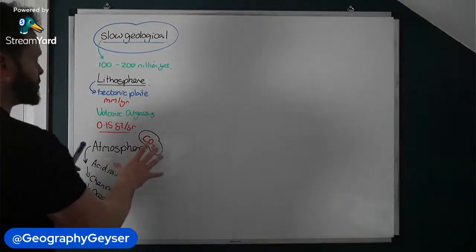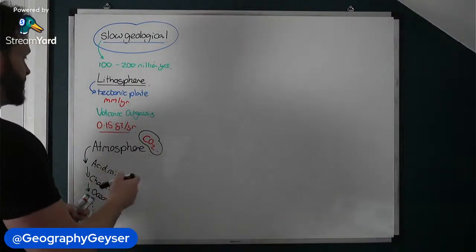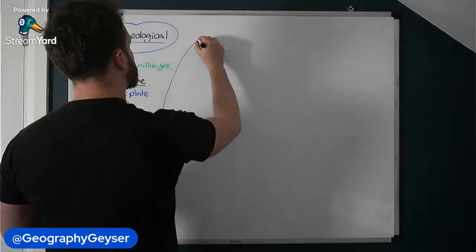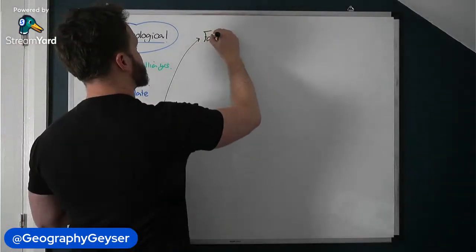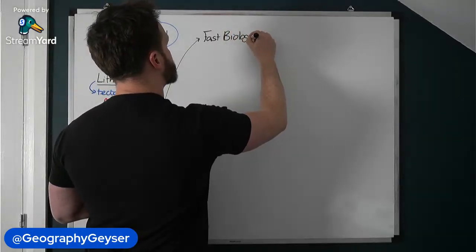This week we're talking about how it can jump from the slow geological cycle into the fast biological cycle. It fancies a bit more fast turnover.